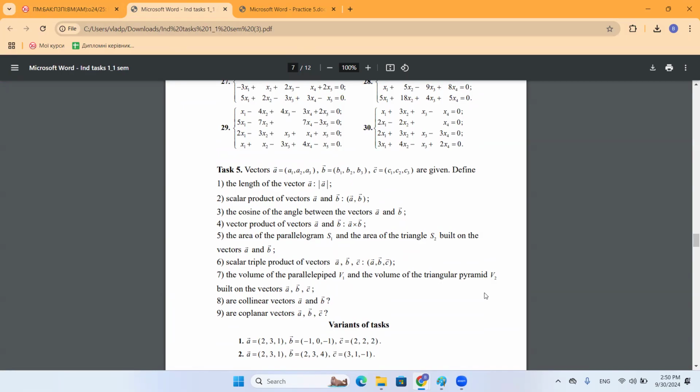Masha, yeah? And this task number 5, do we need to do all of that? All 9 questions? Yeah, you will have to do all parts from 1 to 9, but not after today's lesson, after the next one. It's nice to start doing, yeah.